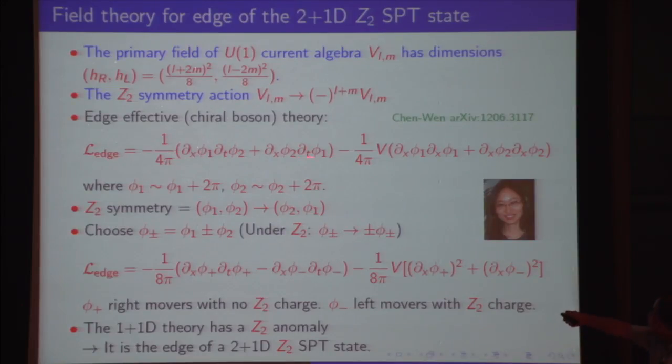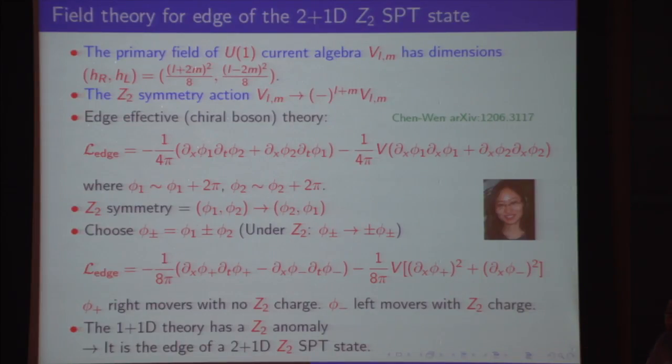So this is really in the Carroll-Boson language. We have two Carroll-Boson fields on the boundary. And it's Carroll-Boson because we have a little bit unusual kinetic energy term. We have only first order time derivative. But also, this time derivative term couples phi 1 to phi 2. Usually you have this partial x phi 1, partial t phi 1.